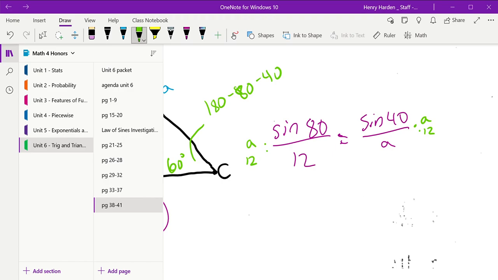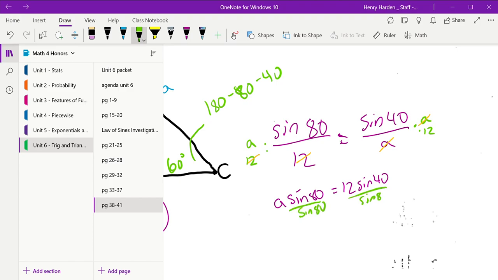What ends up canceling out is the 12 and the A. On this side, we get A sine of 80 equals 12 sine of 40. Remember, you can't touch the 40, so I'm not saying 40 times 12. Then I'm just going to divide by the sine of 80. That's going to get A by itself.